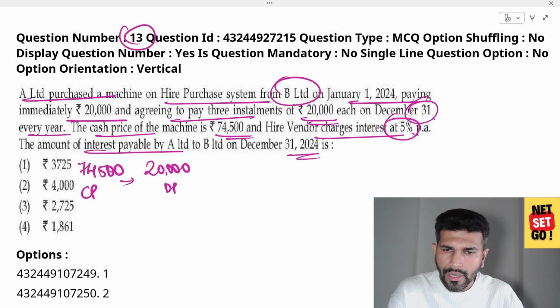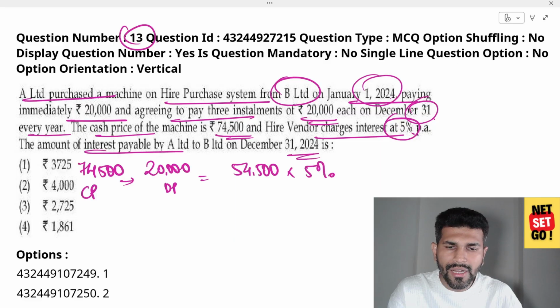So machine was purchased on 1st January 24. So out of 74,500, he has made down payment of 20,000 rupees. Means remaining 54,500 rupees, 5% interest will be charged for 1 year.